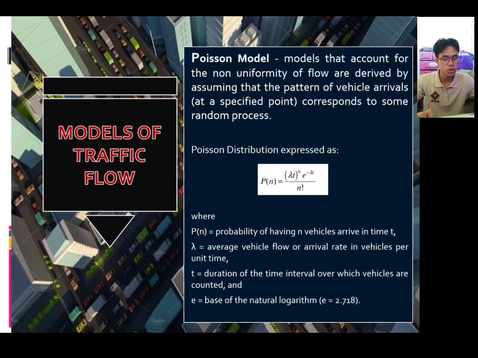An example of such a distribution is the Poisson distribution, expressed as P of n equals (lambda t) to the power of n times e to the power of negative lambda t, over the factorial of n, where P of n is the probability of having n vehicles arrive in time t, lambda is the average vehicle flow or arrival rate in vehicles per unit time, t is the duration of the time interval over which vehicles are counted, and e is the base of the natural logarithm, which has the value of 2.718.